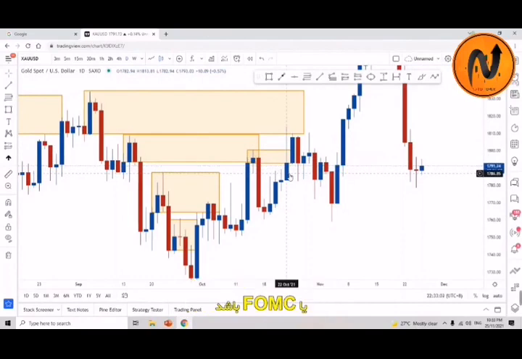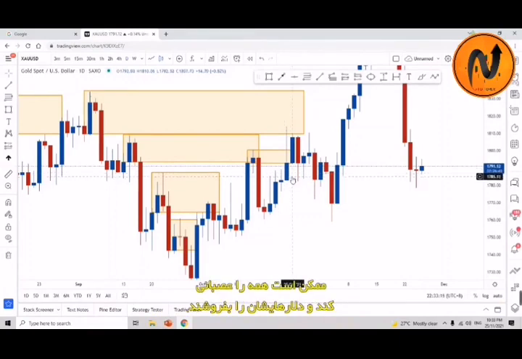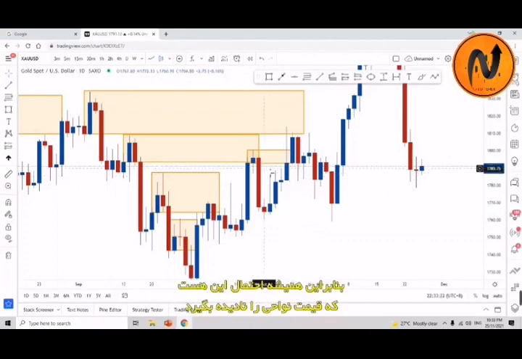Maybe NFP, non-farm payroll, or maybe FOMC. Hidden news, or maybe the US president speaks about something irrelevant and makes the whole world angry, and then people sell off USD or something like that. I do not know. So there is always a possibility that the price will just ignore all these zones and bulldoze all the way.